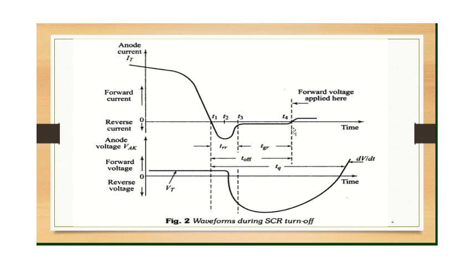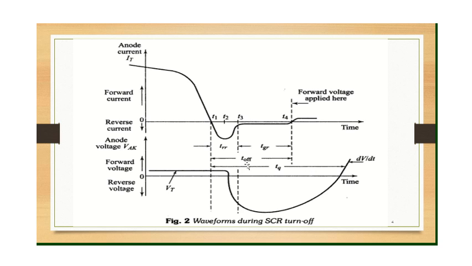After T4, the recombination would have been completed, and now the device will be able to block the forward voltage. Even if you apply forward voltage now, it is in a condition to block it. That means at this time the device is turned off.